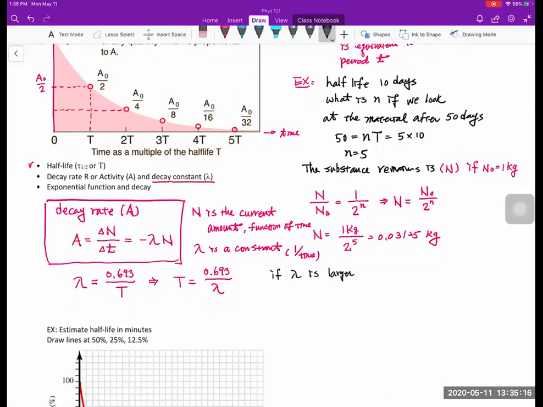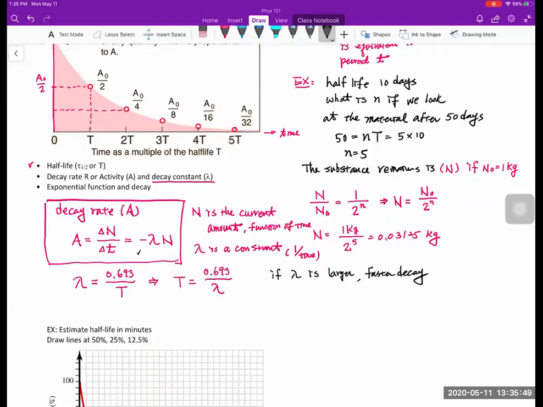If lambda is larger, looking at this decay rate, the number of things left will change more, meaning you're going to decay faster. A larger lambda means the decay is faster.